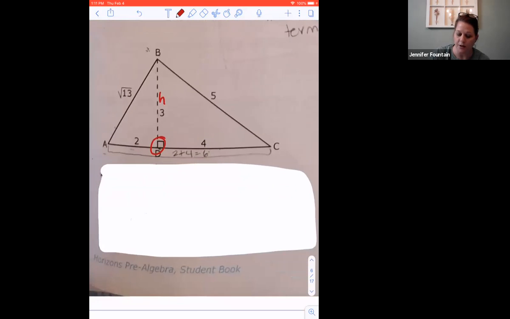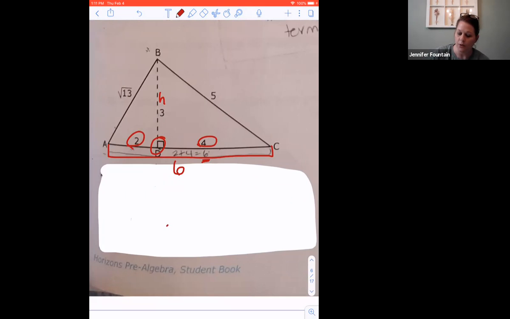Okay? So I know that when I talk about my base, this is going to be my base right here. It's going to be 2 plus 4, which is 6. So my actual base is going to be 6. My height is 3. Okay?